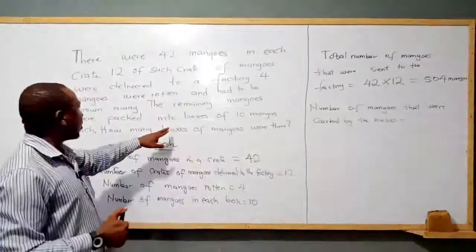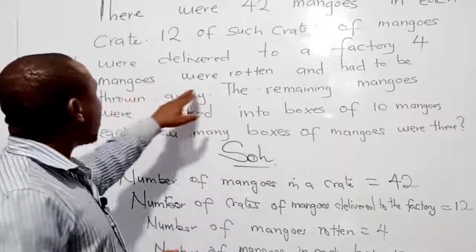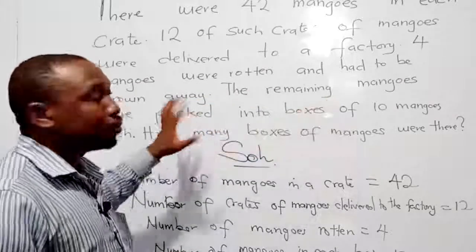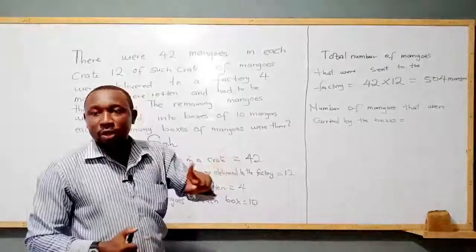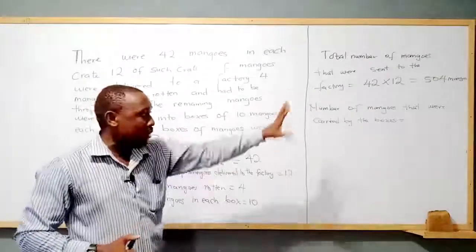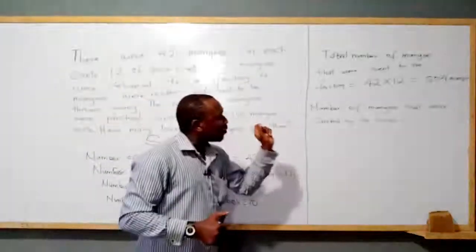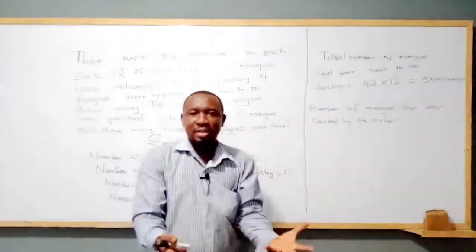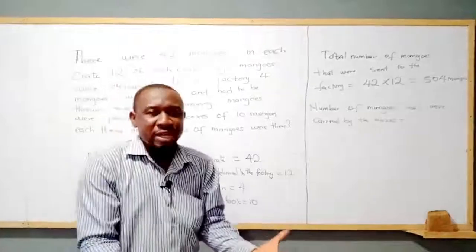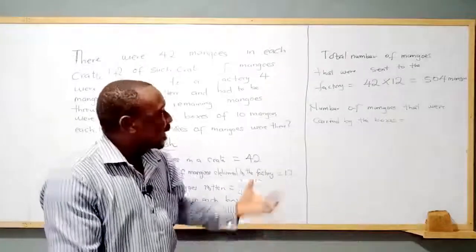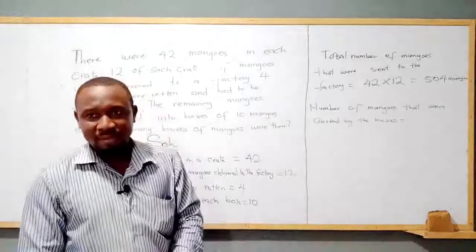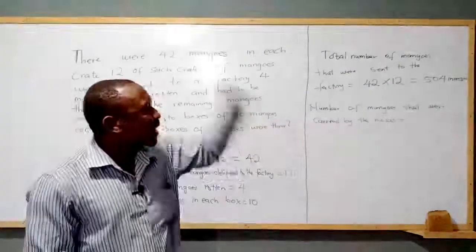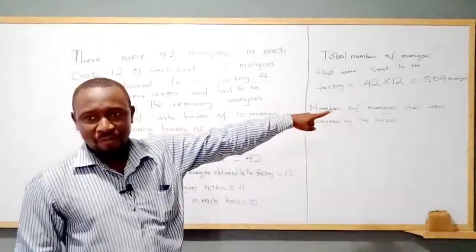Because if you read the question, it says 4 mangoes were rotten and had to be thrown away. So we need the number of mangoes that were carried by the boxes. In other words, they did not carry the rotten mangoes together with the mangoes that were not rotten. So those mangoes need to be taken away from the mangoes that reached the factory.